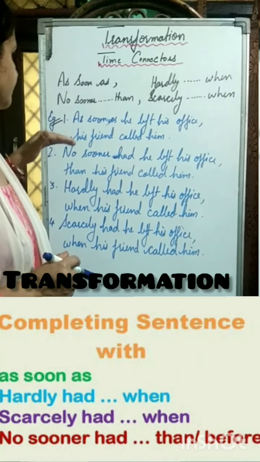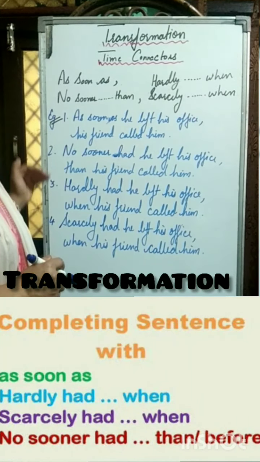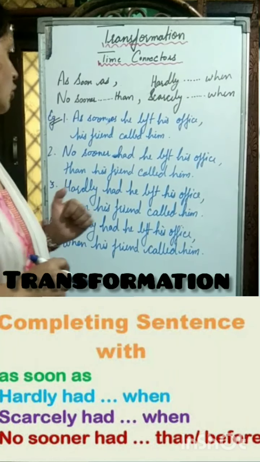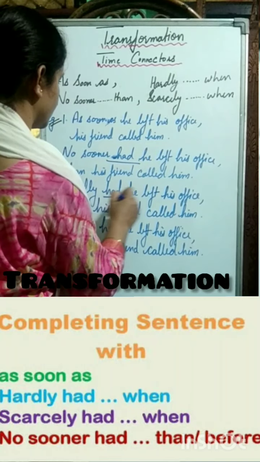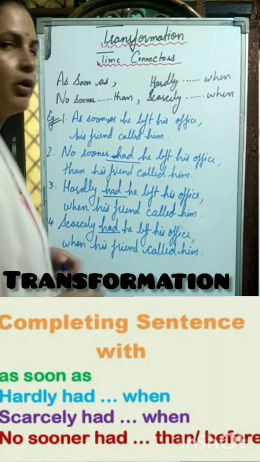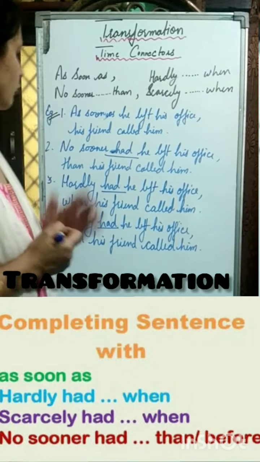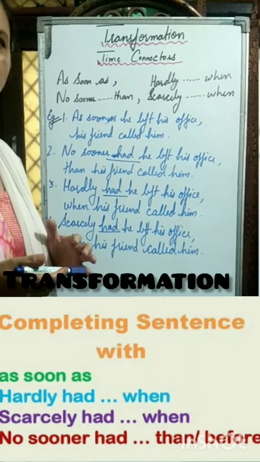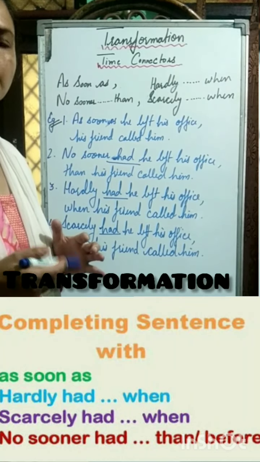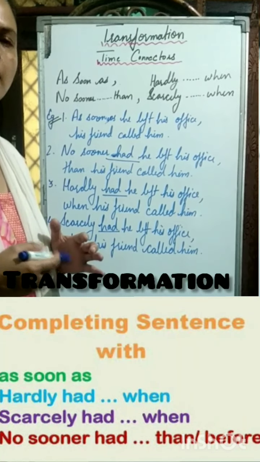Now children, here in the second, third and fourth, one thing is common that we have used here: had. That is past perfect. And why have we used it here? Because they are giving us a negative idea.